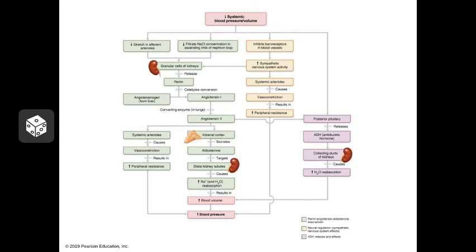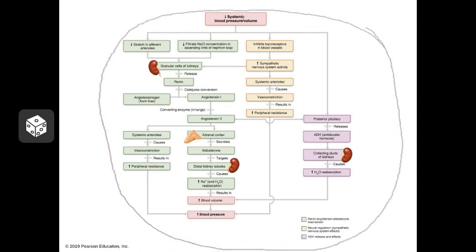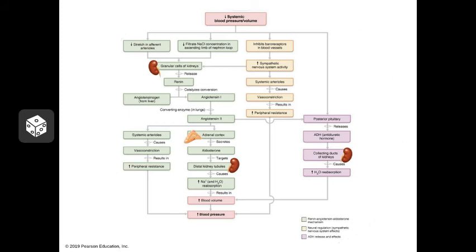So take a look at this flow chart. See if you can follow the pathways. We are going to talk about this more in class, but also take a look at the next slide as well. The other thing to remember is we already know there's short-term regulation of mean arterial pressure.